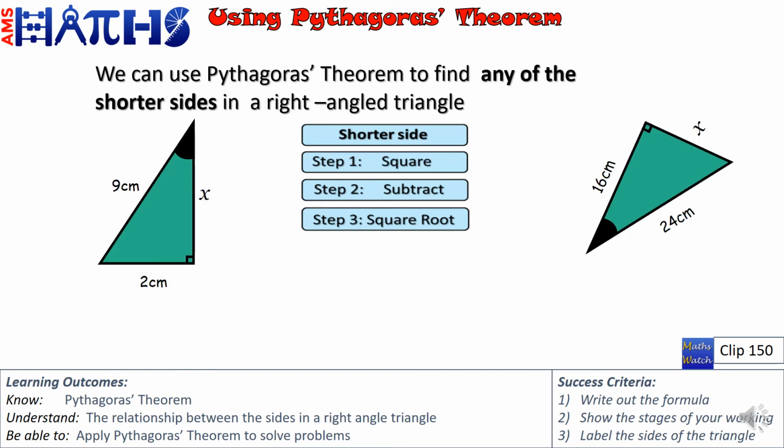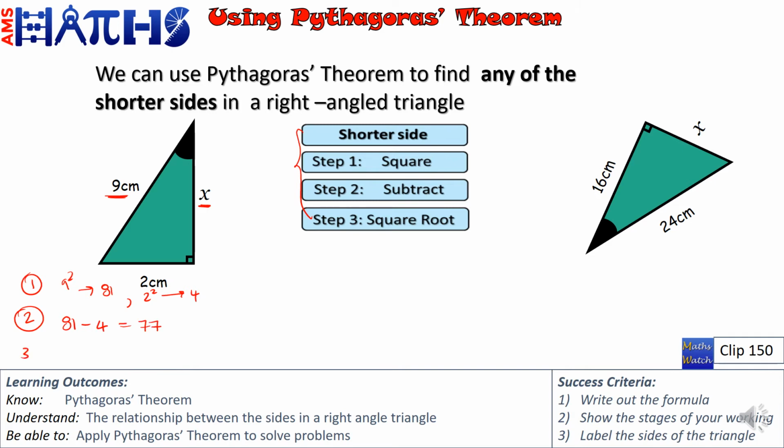Let's look at two more examples for finding the shorter side. So x is our shorter side. We can see clearly that 9 is our hypotenuse. So we follow our shorter side steps, which is 1, we square 9, which is 81, and we're also going to square 2, which gives us 4. Because we want the shorter side, we subtract those values, so we end up with 77.